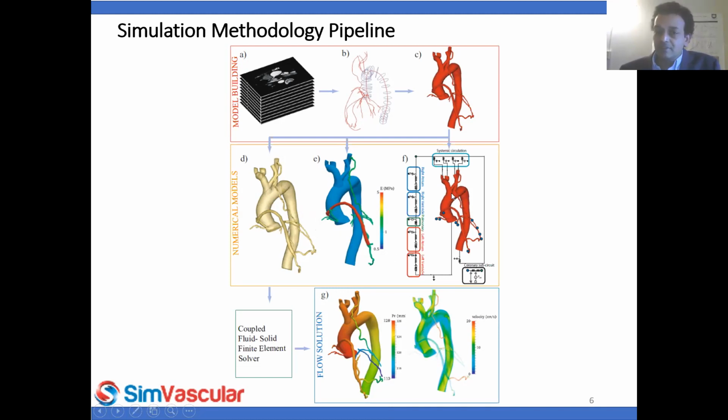Now, you require a very special set of boundary conditions when you're solving cardiovascular problems, which I will address in a couple of slides. And then we have a stabilized finite element solver, which we use to solve for fluid fields as well as solid fields if you're doing a fluid structure interaction problem. And these are representative images that show our pressure distribution, velocity distribution, strain distribution if you've done a fluid structure interaction. So this is a simulation methodology pipeline.